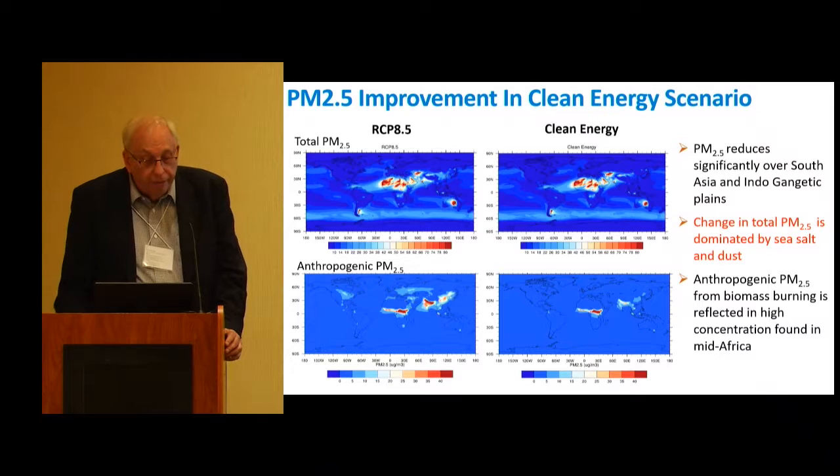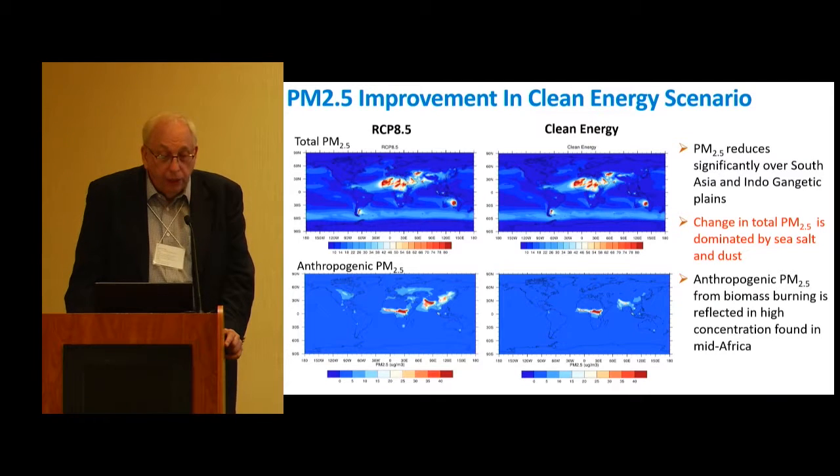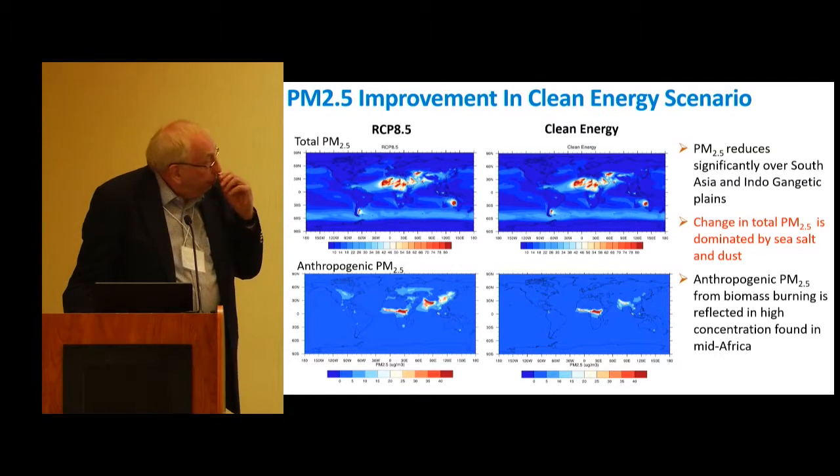Turning to PM 2.5, again looking at concentration, many places again see a projection of a very significant decrease with the clean energy scenario. In this case, it's plotted a little differently.